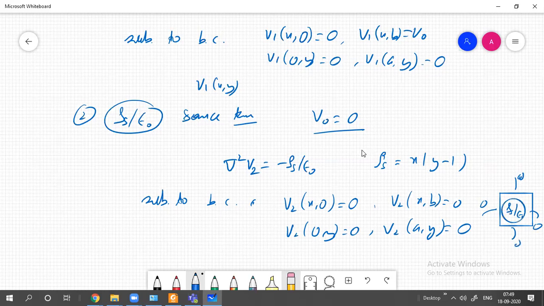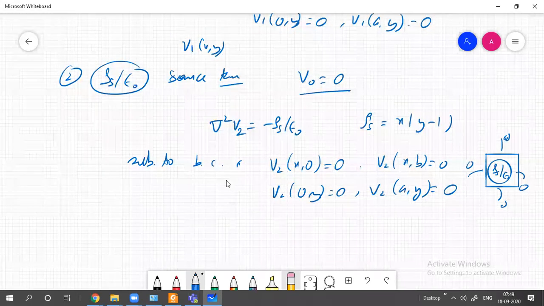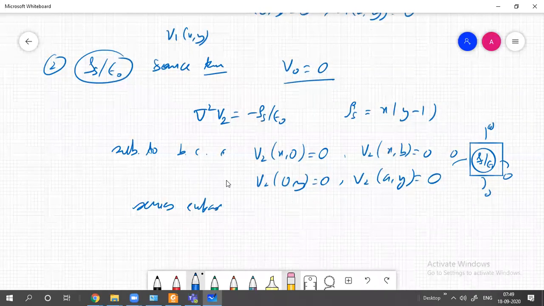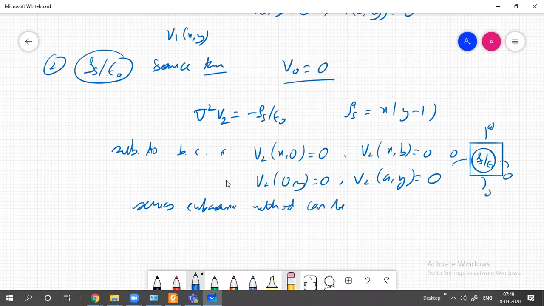We need to solve this, and we can use the series expansion method.